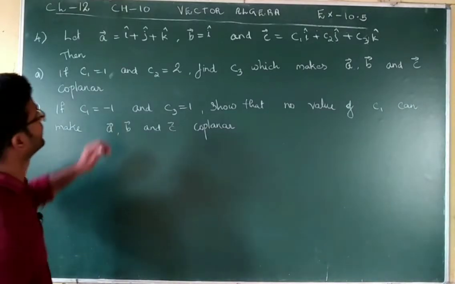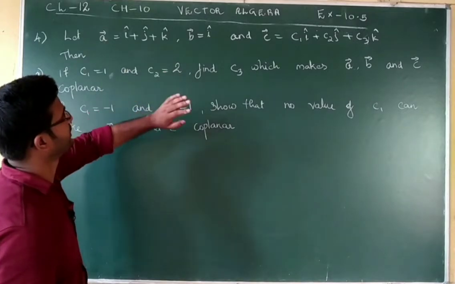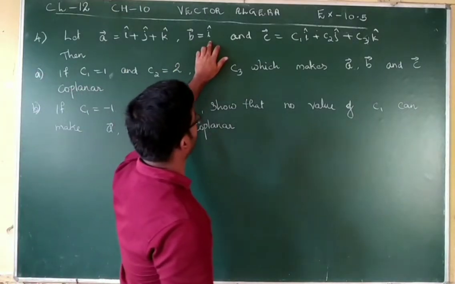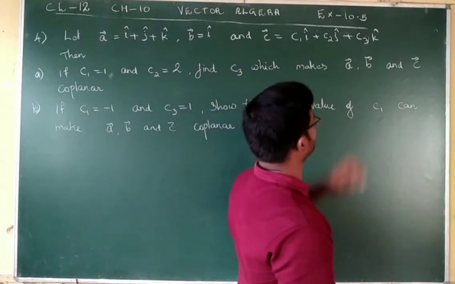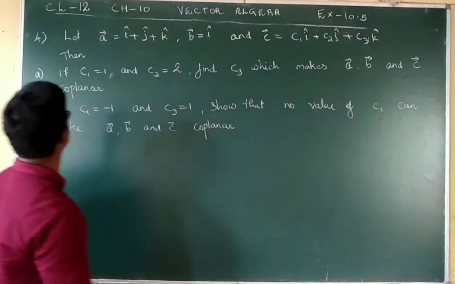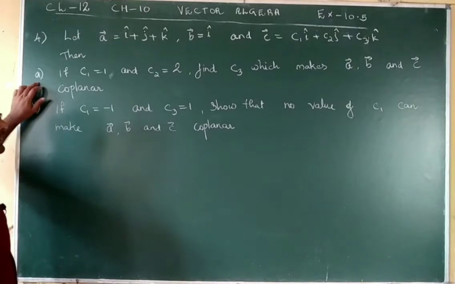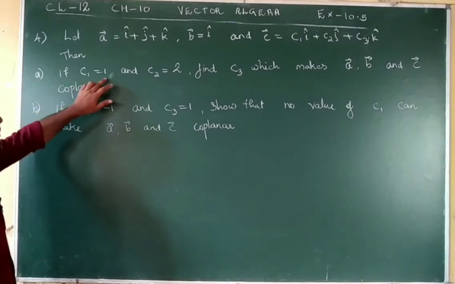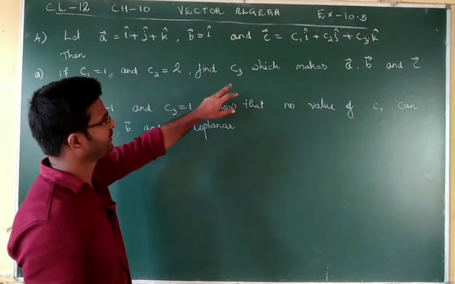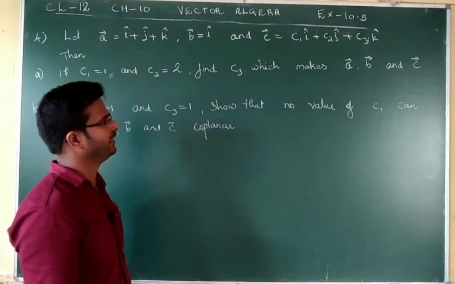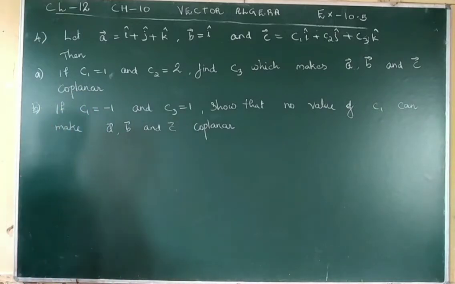Let A vector equal to i plus j plus k, B vector equal to i, and C vector equal to C1 i plus C2 j plus C3 k. Then, first question, if C1 equal to 1 and C2 equal to 2, find C3 which makes A vector, B vector and C vector coplanar.